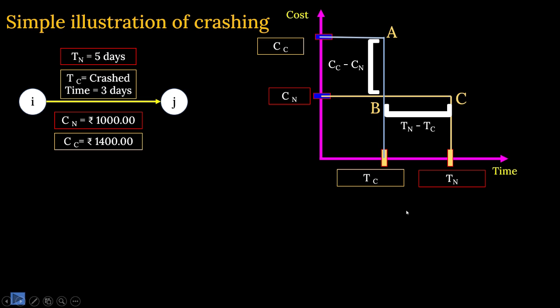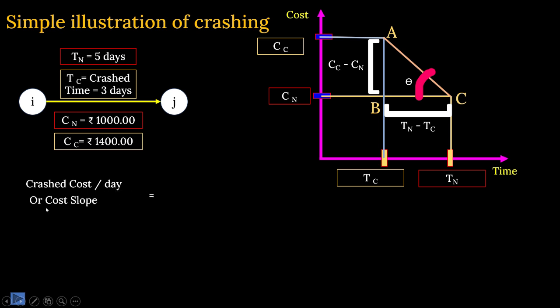If you connect A and C, we get a triangle out here. And this angle is known as the cost slope, which is represented by theta. This is known as the cost slope. What is the cost slope? It is the crash cost per day, right?